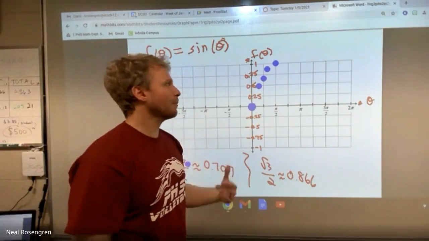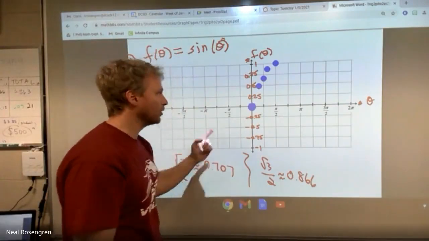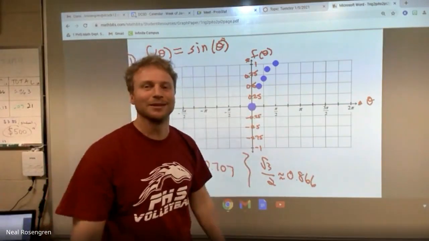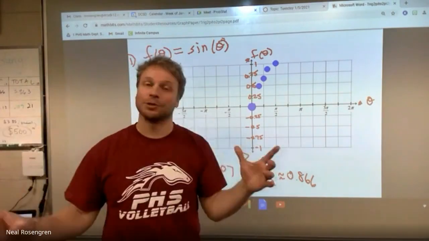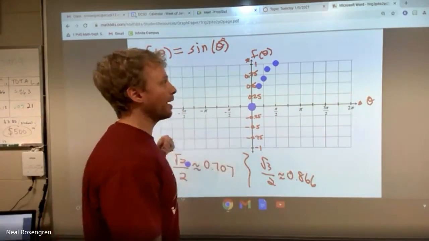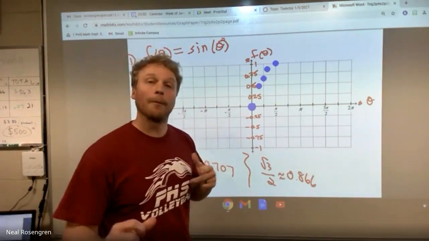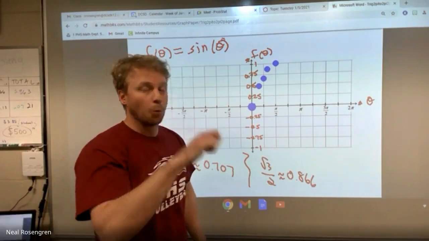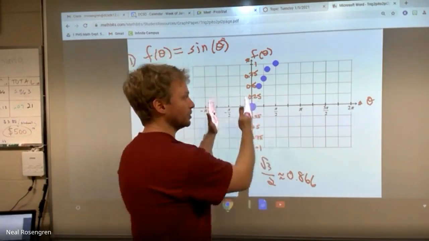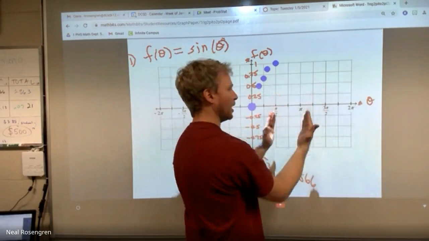And the thing about making our way back down is we're going to hit all of these exact same numbers just on the other side. The second quadrant is just a reflection of the first quadrant. And so wherever you made your approximate landing spots, you want to do those same approximations on this half between pi over 2 and pi.